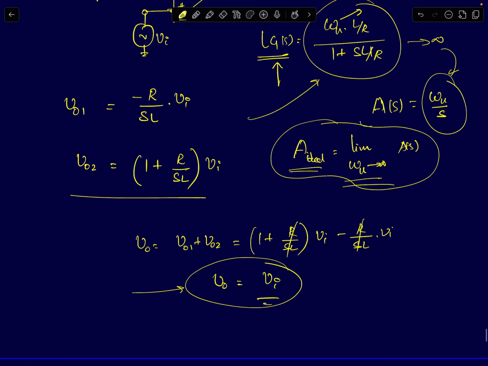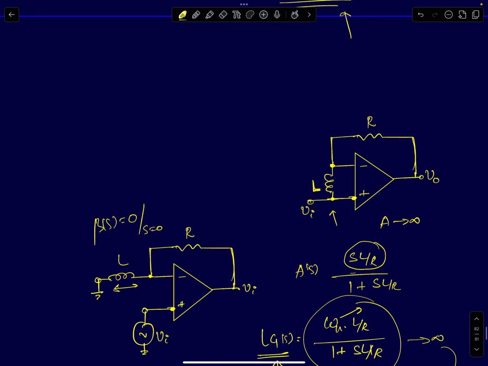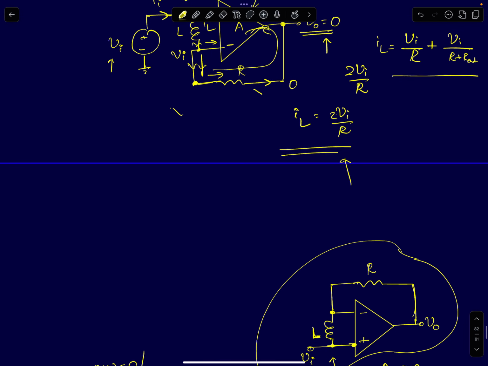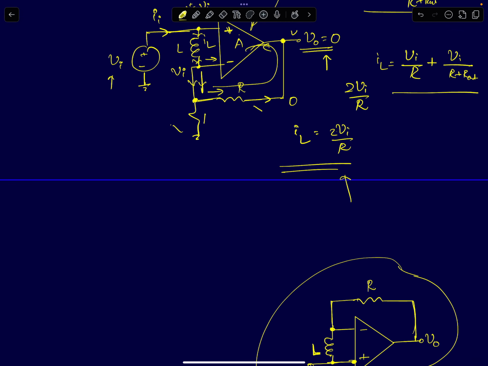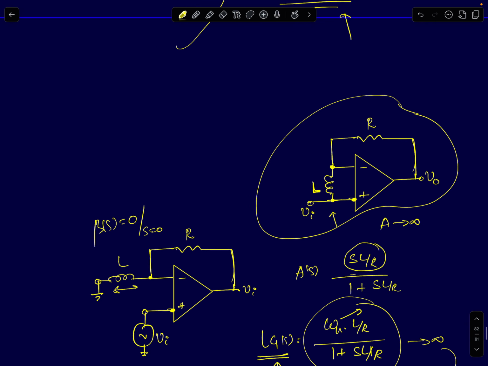So therefore, even if you take this circuit, you can do the same analysis for this circuit as well. This circuit is a little bit more complicated. For the feedback factor, you will have to take into account this resistor and all that. But I think at DC, it reduces to a similar circuit. So I've just taken this circuit and I just told you guys that if you assume this op-amp to be an ideal op-amp, then your V0 will come to equal Vi.